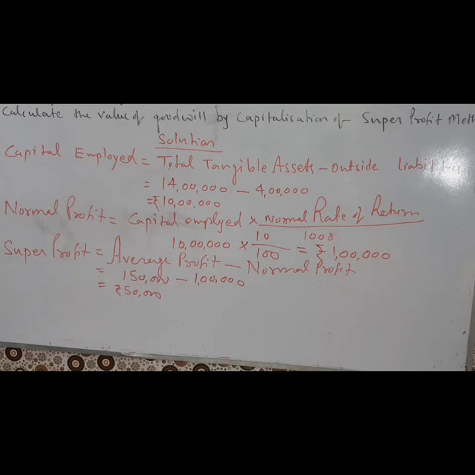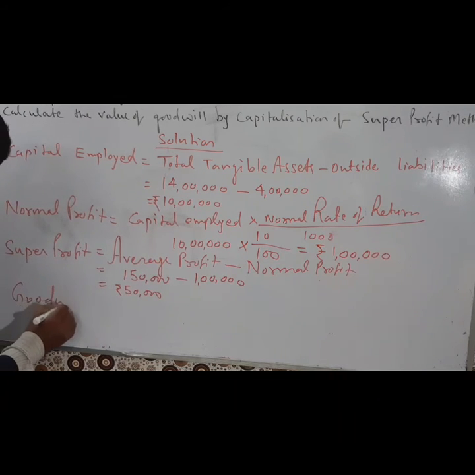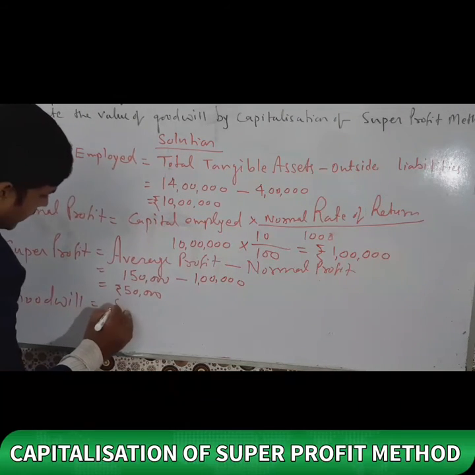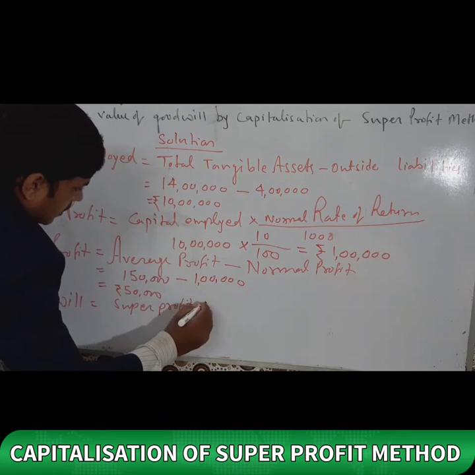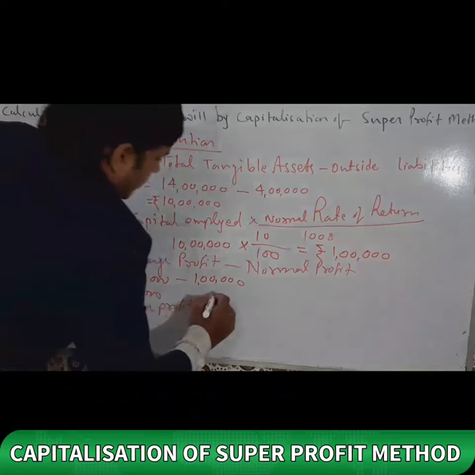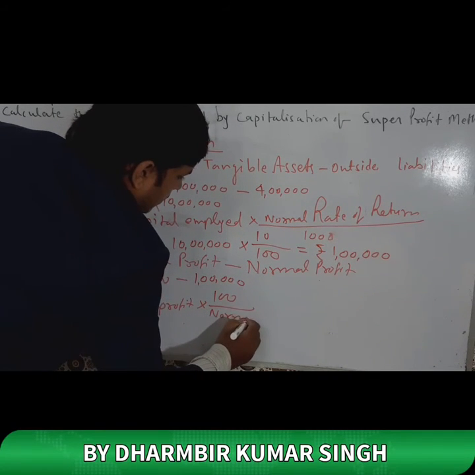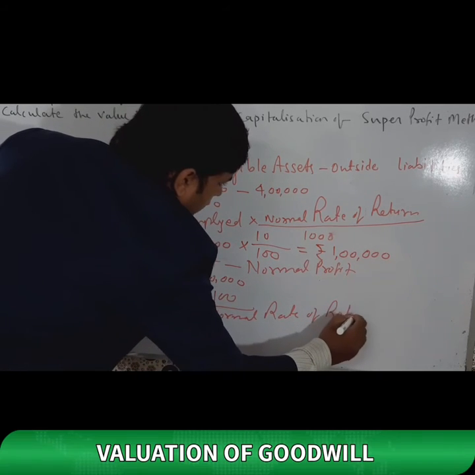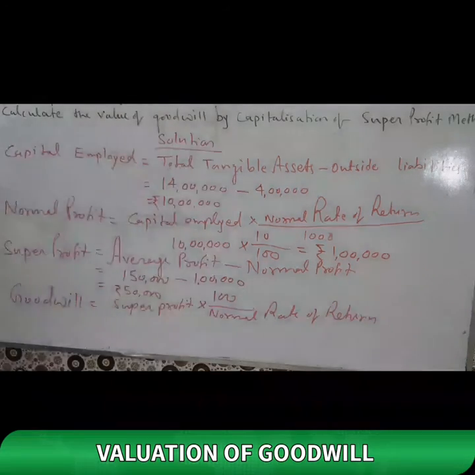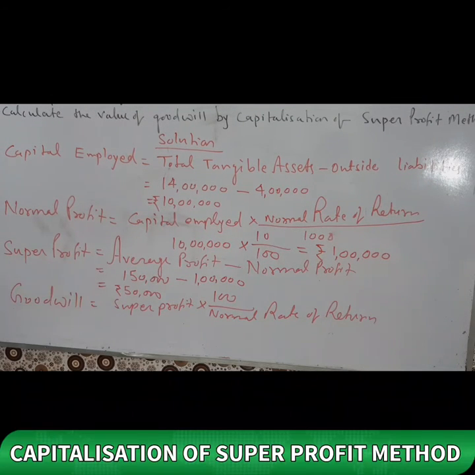We have calculated the super profit. We know very well the formula of goodwill: goodwill is equal to super profit into 100 divided by normal rate of return.